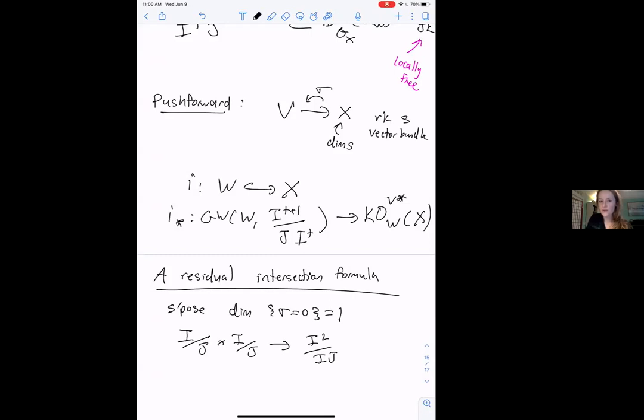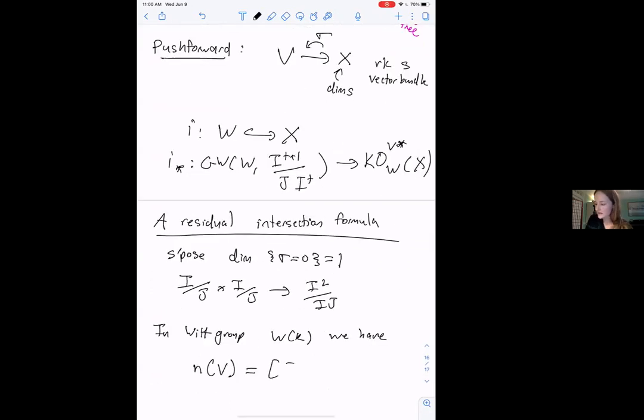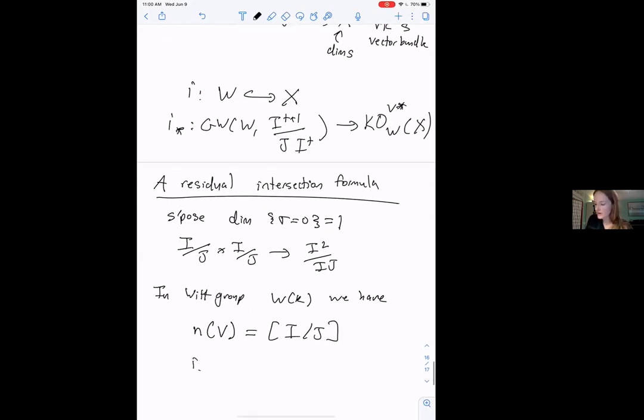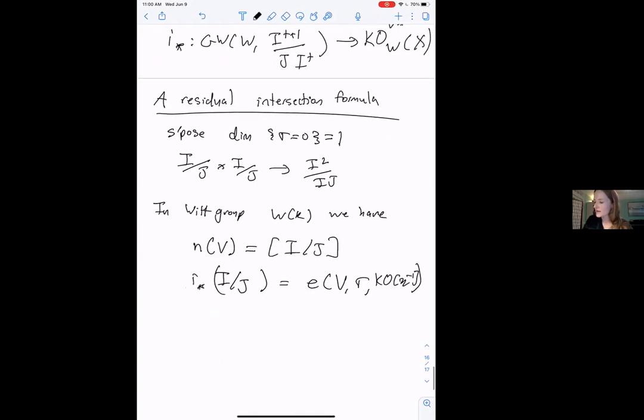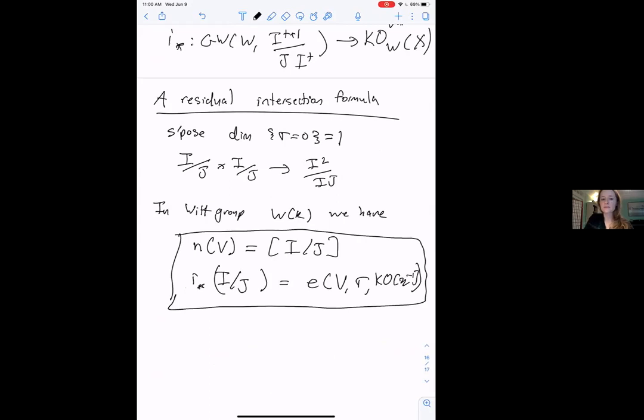And the formula is that in the Witt group, the class of this perfect pairing, or I star I over J, is equal to the Euler class of V, sigma, K. So this is only the piece from the residual, but in the Witt group, the one-dimensional piece doesn't matter, and we obtain this.